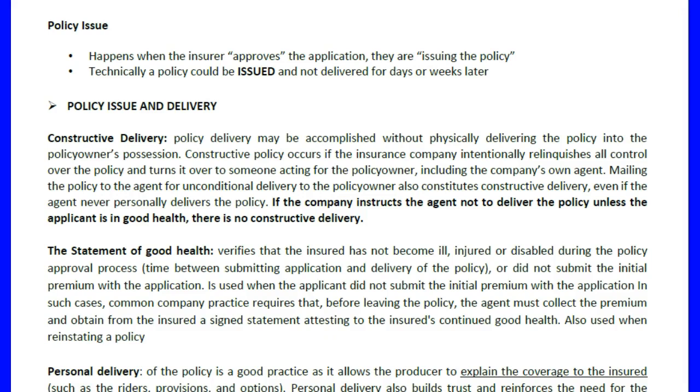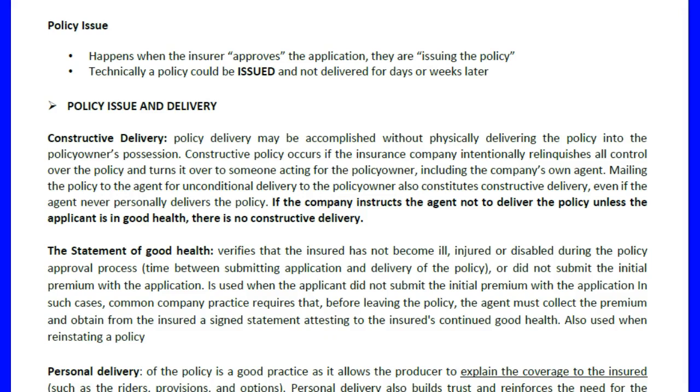Constructive delivery. Policy delivery may be accomplished without physically delivering the policy into the policyholder's possession. Constructive delivery occurs if the insurance company intentionally relinquishes all control over the policy and turns it over to someone acting for the policyholder, including the company's agent.